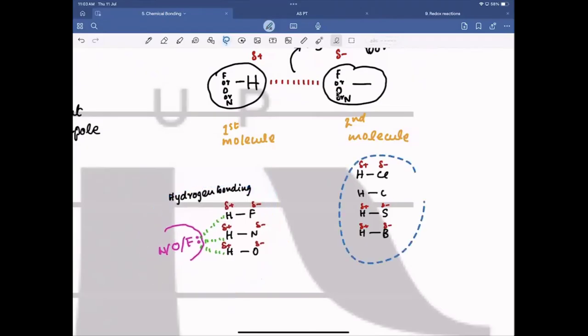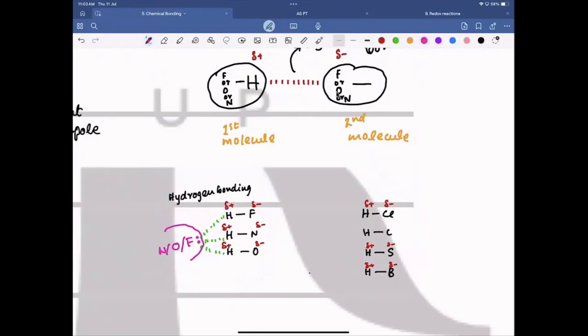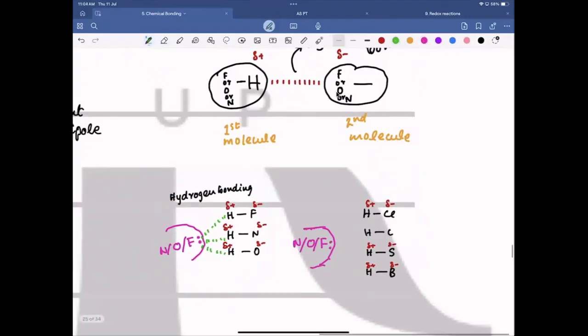Now in this case, there is one molecule which has fluorine, oxygen, or nitrogen and a lone pair, and from the lone pair, this fluorine, oxygen, or nitrogen is attracting these hydrogens from the other molecule, right?